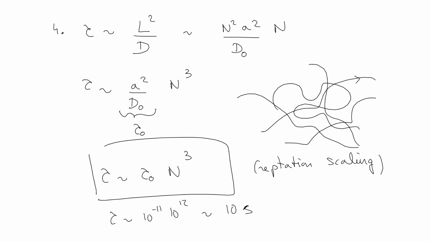All right, a final remark. Experimentally, if you try to measure the time scale for relaxation, for instance, by viscosity, with a certain exponent nu, what you will find is that nu is equal to 3.4. So it's a bit larger than 3. And this correction is in fact associated to the fact that the tube itself is a fluctuating quantity.